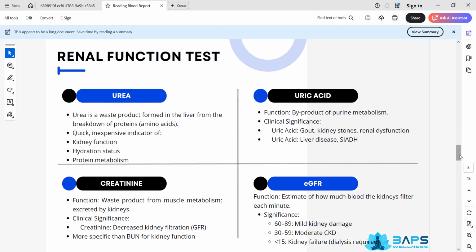The third test is renal function test or kidney function test, which normally in the reports you will get to see the urea, creatinine and uric acid.